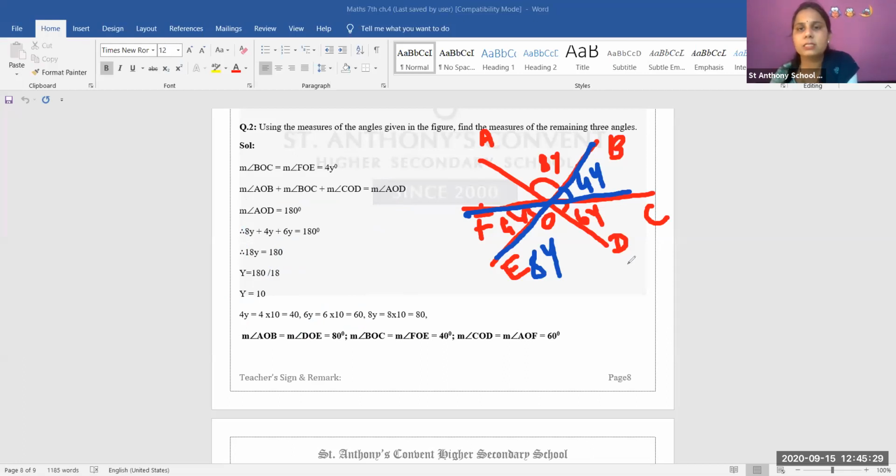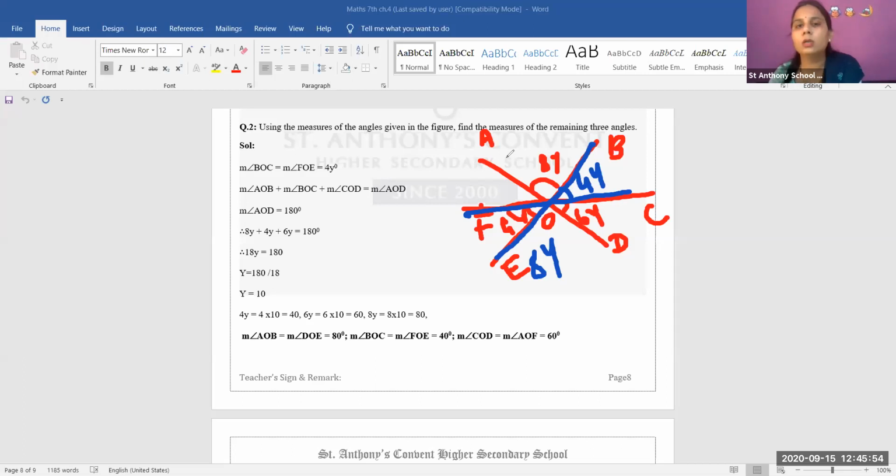See, this is the figure that is given in your textbook. Now here angle EOF is equal to 4y, angle AOB is equal to 8y, and angle COD is equal to 6y, right? Now if angle FOE is equal to 4y, then angle BOC is also equal to 4y, because they are vertically opposite angles.